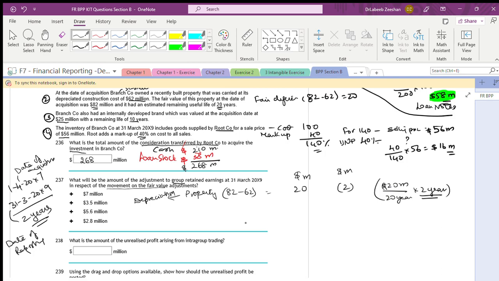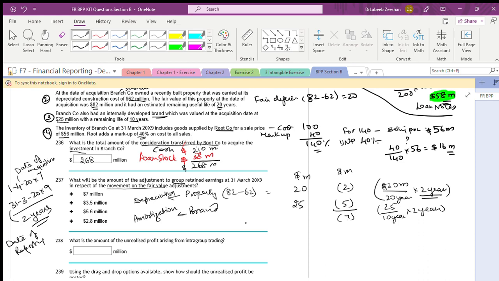Now, with respect to the brand, they say the branch has an internally developed brand, right? For the brand, we have to take the amortization, intangible assets. Directly that is 25. Fine. 25 divided by how many years? 10 years, times 2 years. It comes to 5. Total it comes to 7.